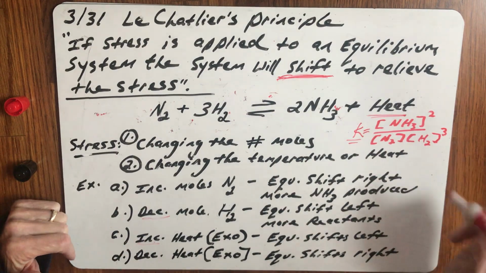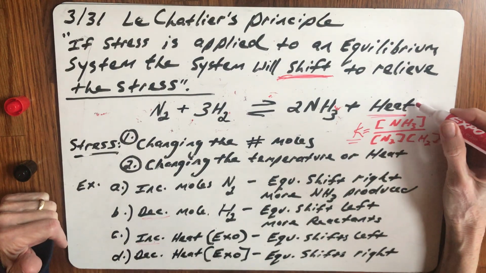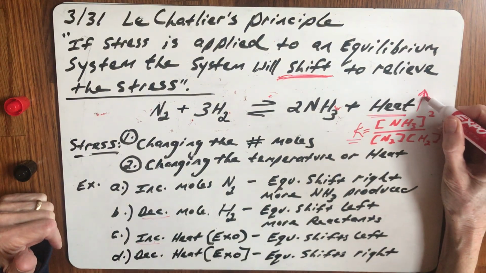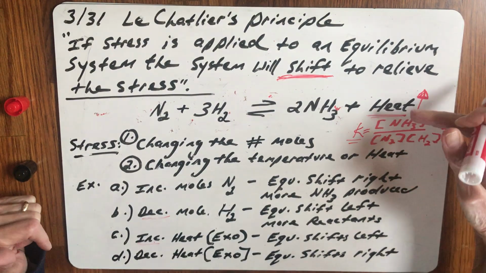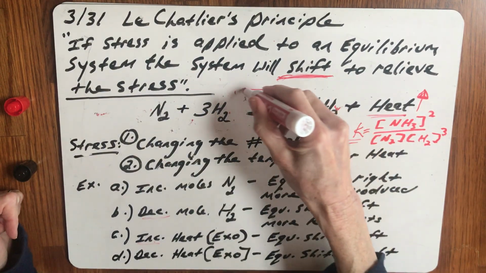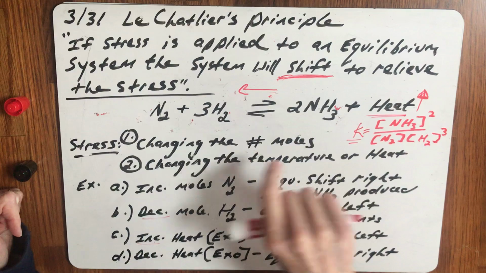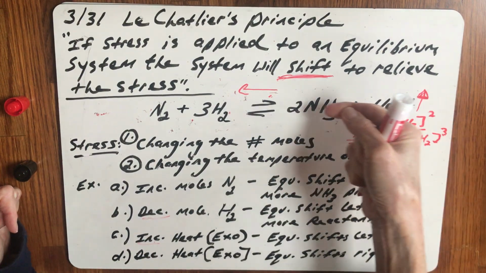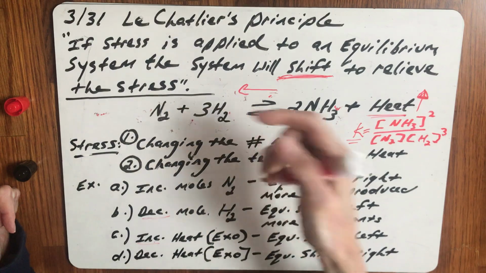So for an exothermic reaction, we know that the energy term is on the product side. So if I increase the heat on an exothermic reaction, the equilibrium is going to shift to the left. So kind of like the number of moles, my stress is applied here. It's going to force the reaction over to the left.